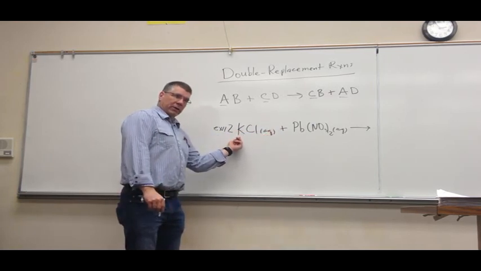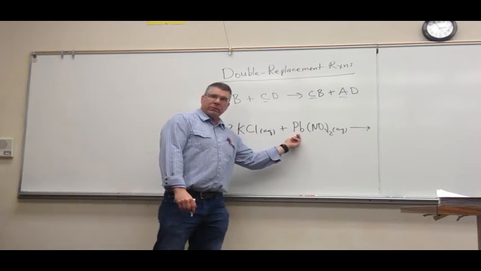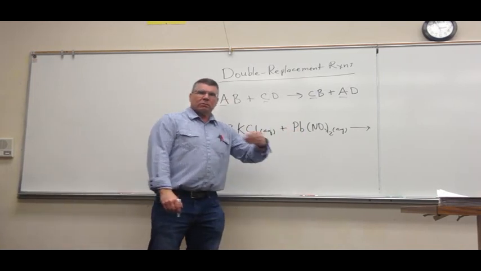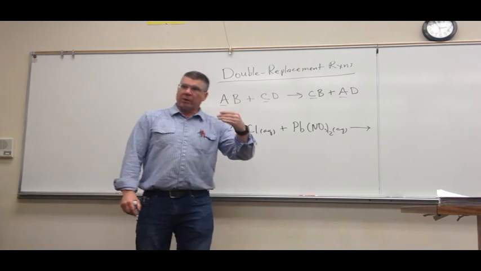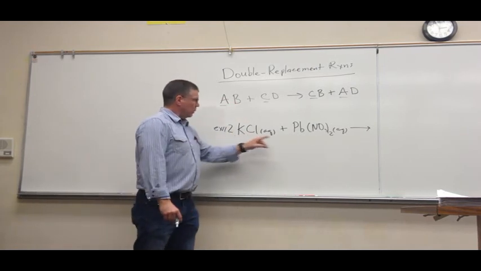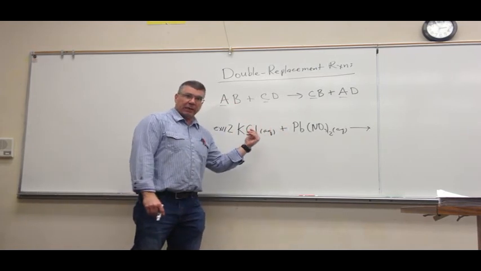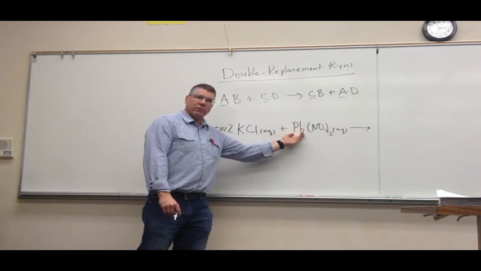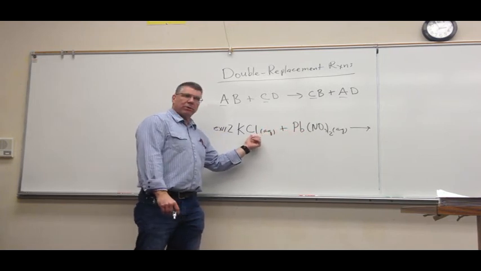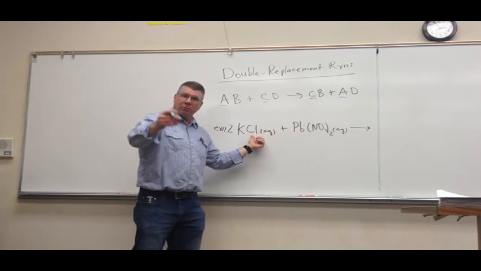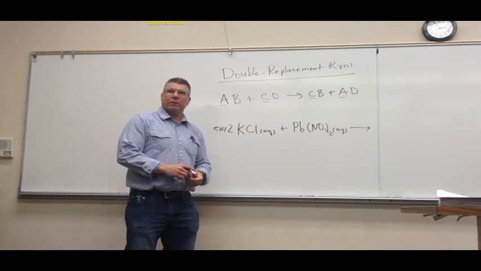Potassium is a cation here. Lead-2 is a cation here. You can predict the potential products by switching cations with the anions, right? So you're going to take lead-2 and pair it up with the chlorine ion. What's the formula for that?